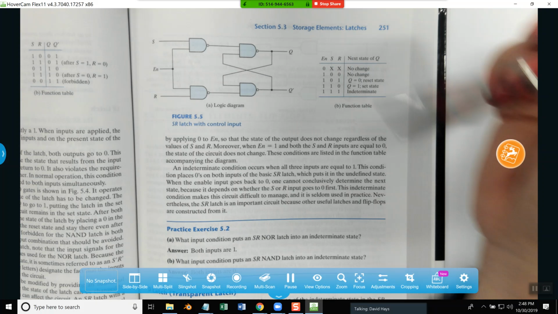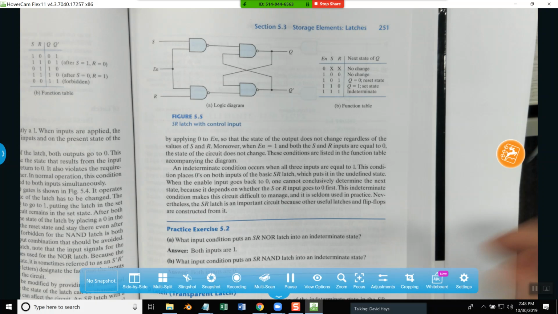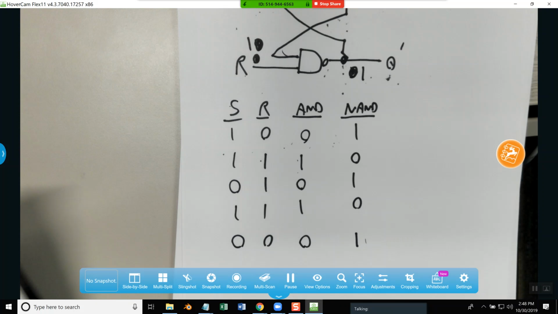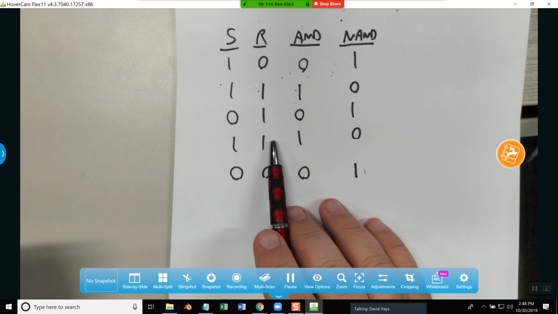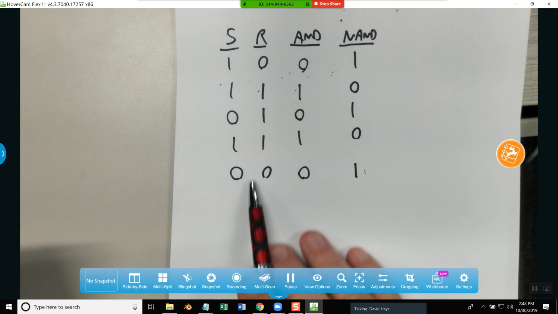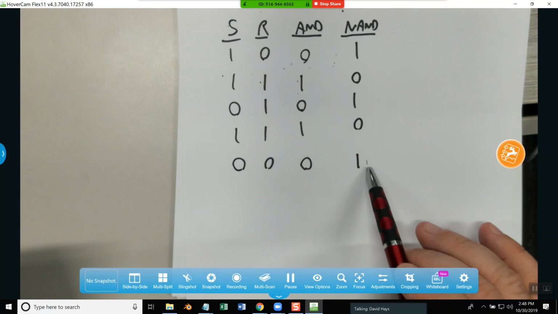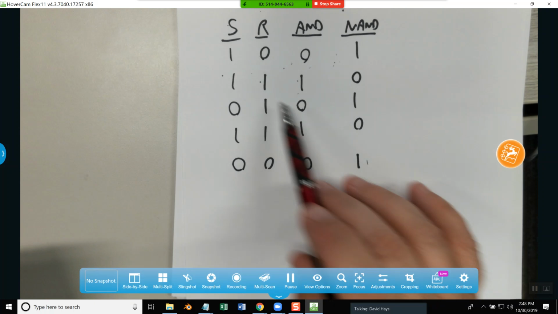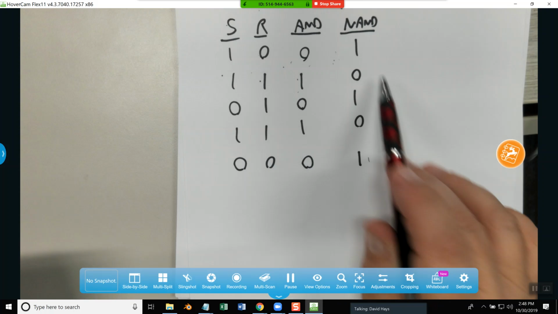But to indicate that, down here, if all three inputs are equal to 1, then it depends on which one gets processed first in terms of what your result is. So it's unpredictable. Does that make sense on these lines right here? Understanding that it doesn't matter for the normal conditions which one goes first?